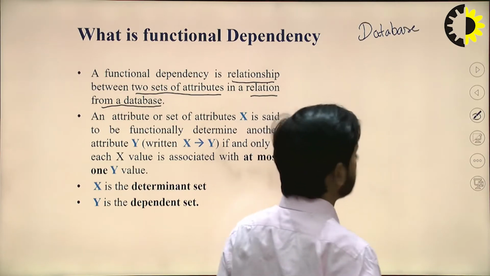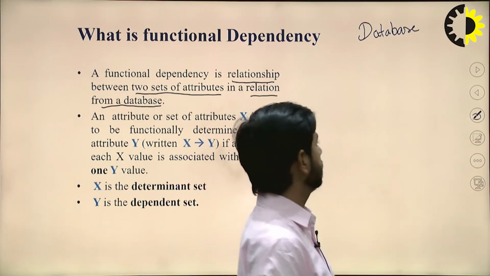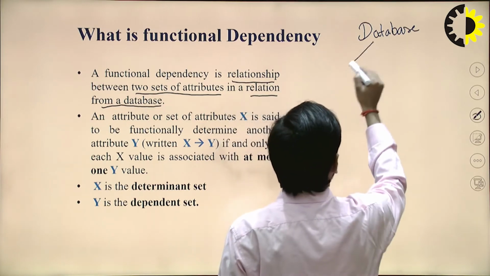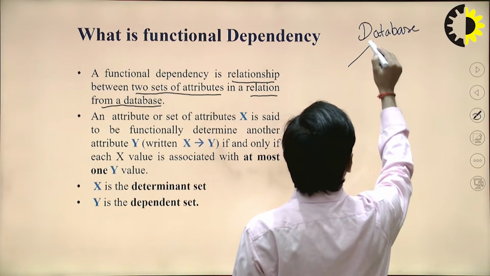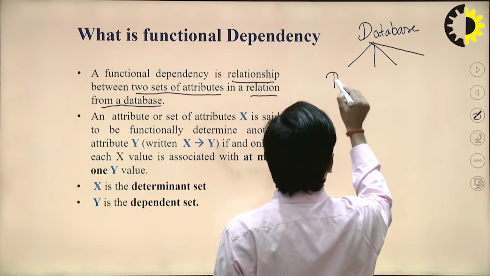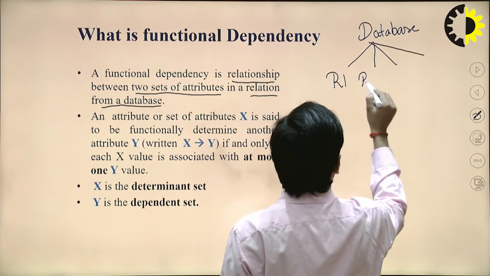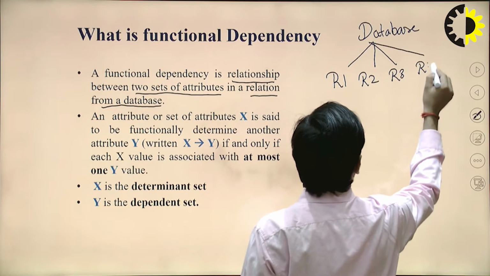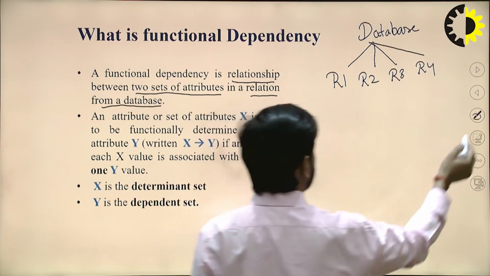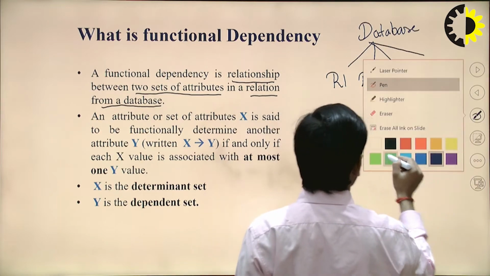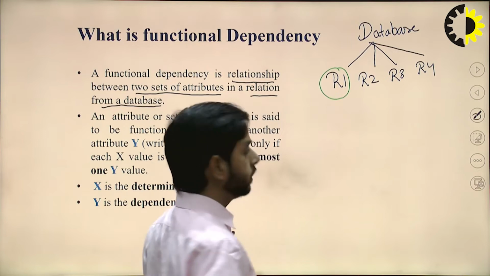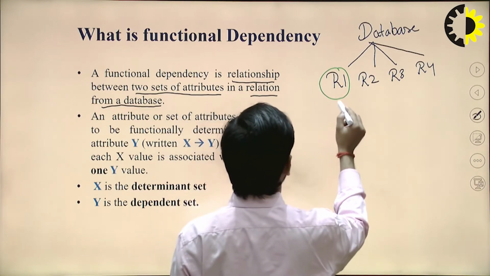A database is basically a set of relations, or you can say a set of tables. So there are various relations available, R1, R2, R3 or R4. Let's take one particular relation R1. In R1 there are various attributes.